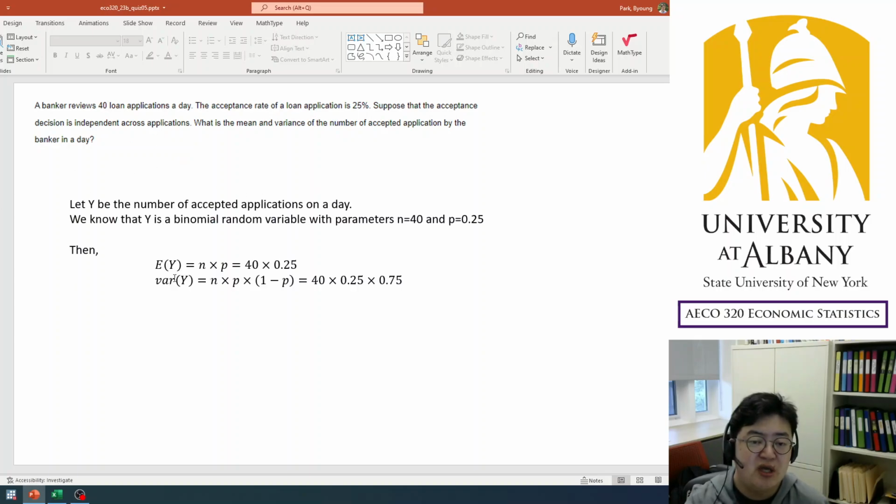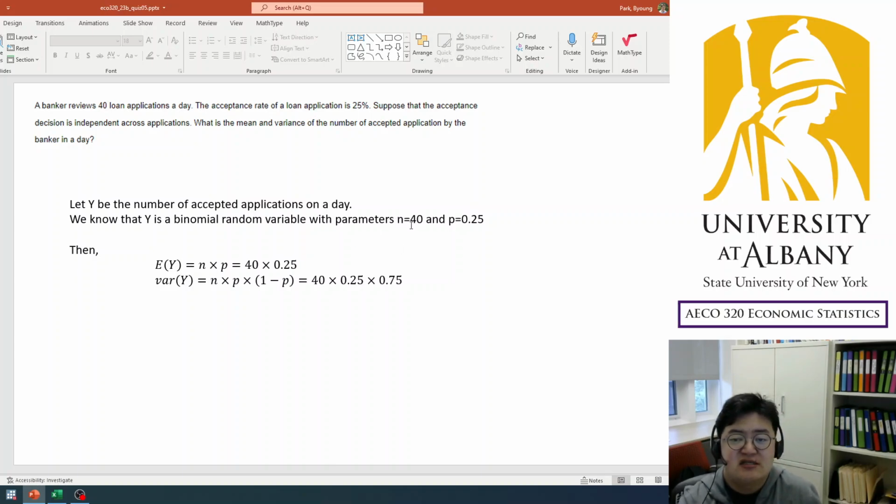Pretty simple. We know the formula, and it only depends on the parameters n and p. So we just define the binomial distribution as y. In this case, reviewing one application is one experiment, right? Acceptance happens with 25%, so the probability of success is 25%, and there are 40 applications reviewed in a day.